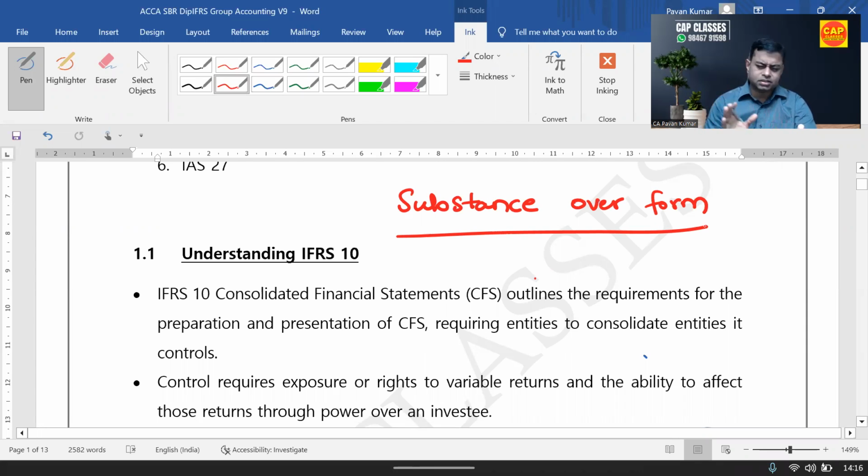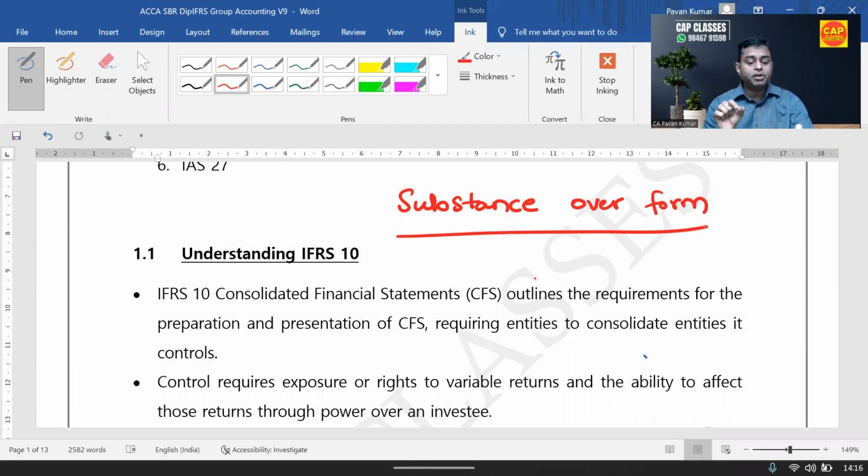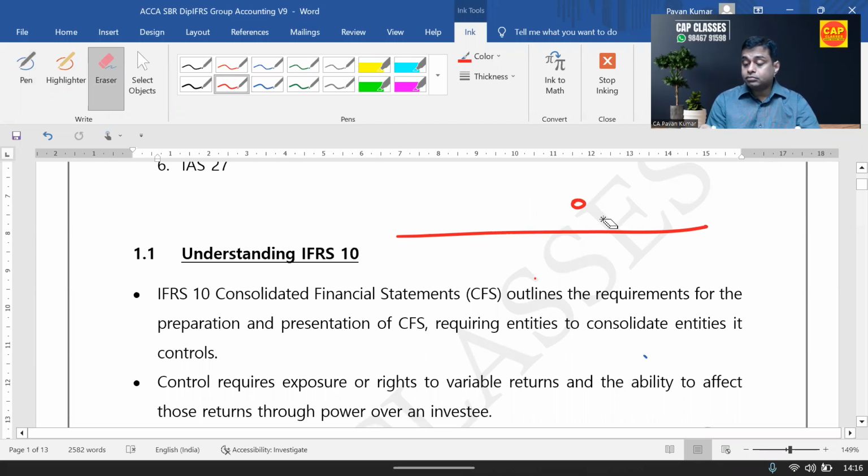Okay, all IFRS are based on this particular principle called substance over form. You'll ask, what is substance over form? Look here carefully.